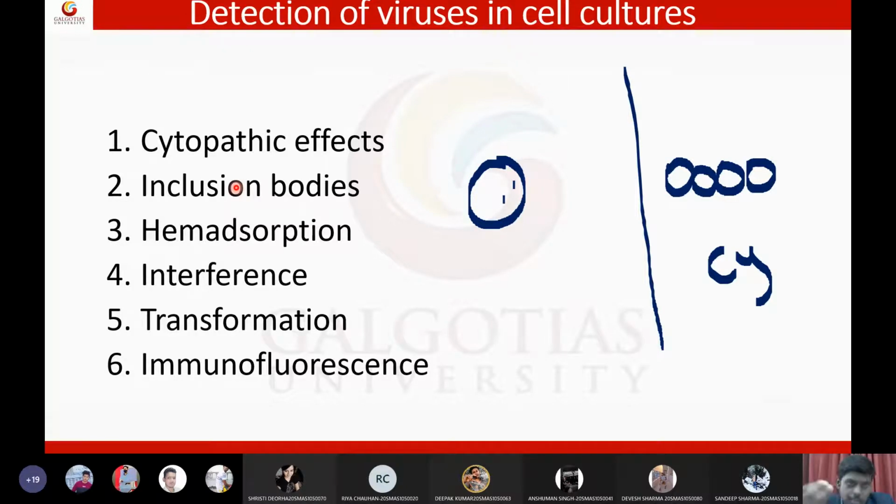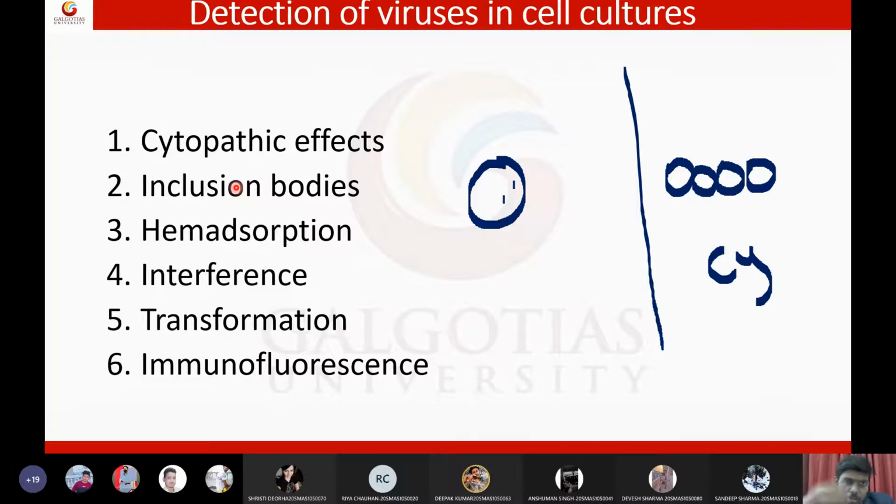We have many types of cytopathic effects like syncytium formation, cellular necrosis, cellular clumping, rounding of cells, which are shown by various types of viruses: measles and syncytium formation, polio and enteroviruses, hepatitis B for necrosis, then clumping is shown by adenovirus. Then herpes viruses will show rounding of cells.